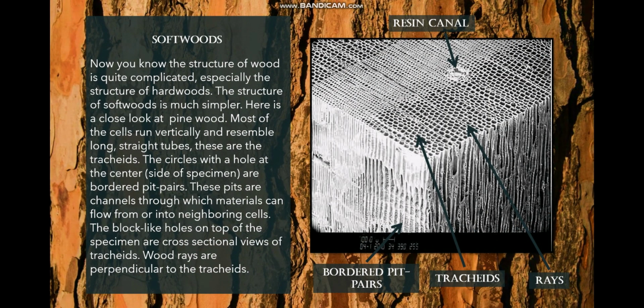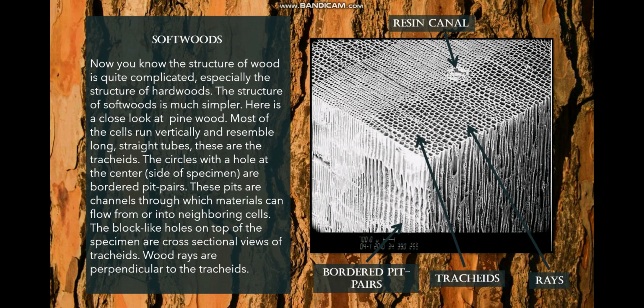Softwoods. Now you know that the structure of wood is quite complicated, especially the structure of hardwoods. The structure of softwood is much simpler. Here is a close look at pinewood. Most of the cells run vertically and resemble long, straight tubes. These are the tracheids.